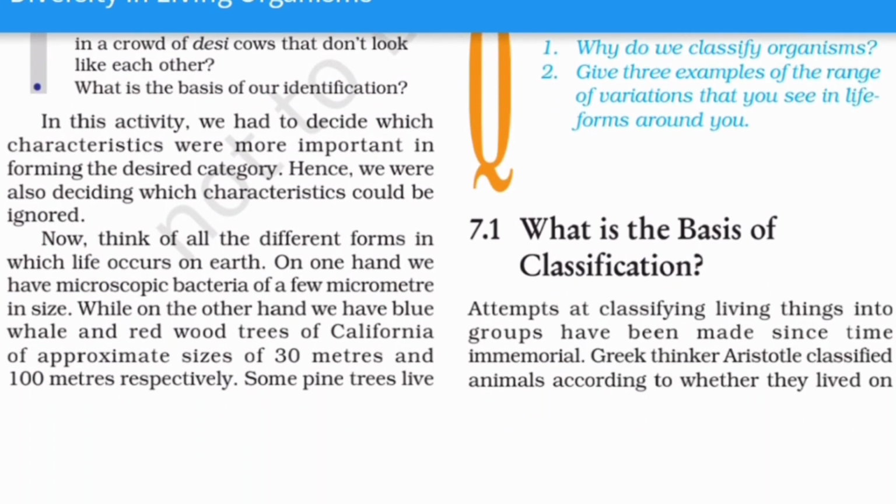Now, think of all the different forms in which life occurs on Earth. On the one hand, we have microscopic bacteria of a few micrometers in size, while on the other hand, we have a blue whale and redwood trees of California of approximate sizes of 30 meters and 100 meters respectively.